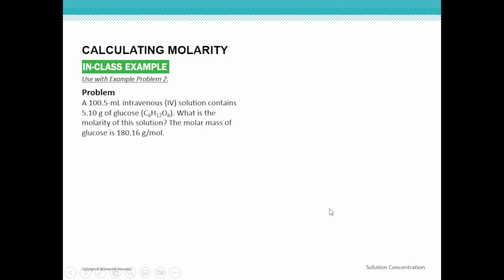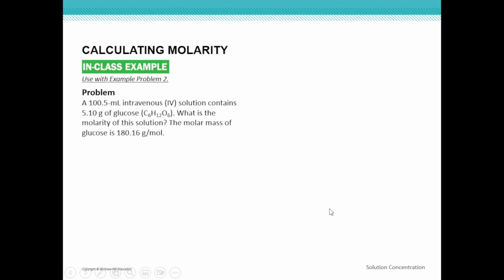So you have little m for mass, is equal to 5.10 grams. And I think it's always a good idea to tag whatever chemical you're using. So I'm going to put C6H12O6 after the grams. You know that that's the mass of glucose. And then it's asking what is the molarity. So I'm going to put capital M equals question mark.